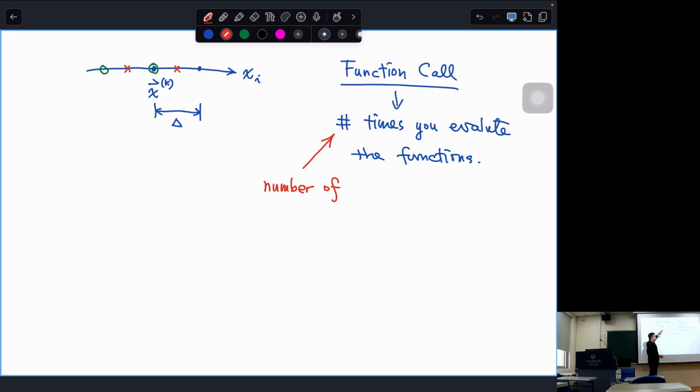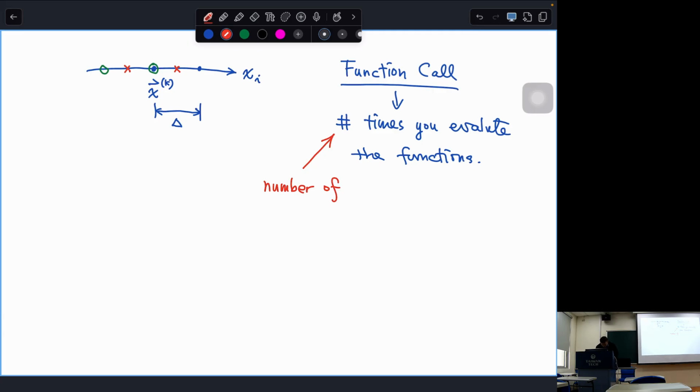Then I will not use the central scheme, because if I use the central scheme, I need to evaluate the function 2 more times. I need to evaluate at the red x, the two crosses. That means I need to spend 2 more function calls. Okay, so that's why I will choose the forward scheme.